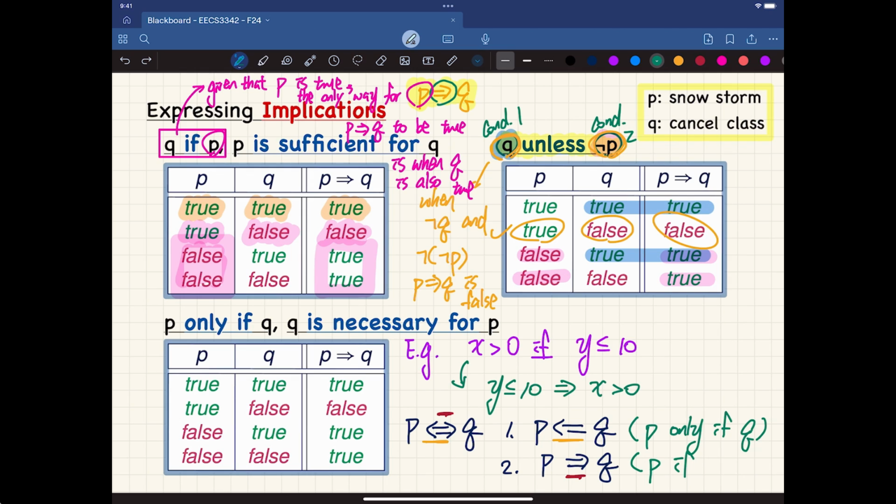Sorry? Yep. Question? Oh, I beg your pardon. I might have said it wrong, right? Yeah. Thank you. I got the opposite. Let me do it again. So what I meant to say is, this one over here is really P only if Q. Agree?